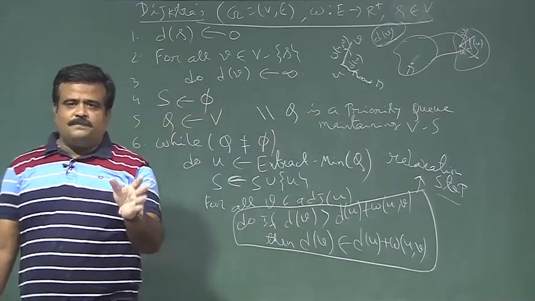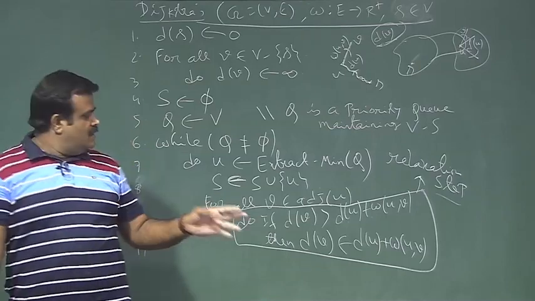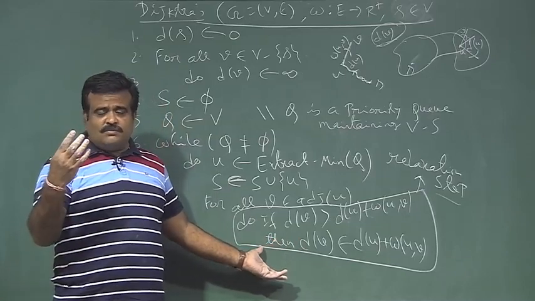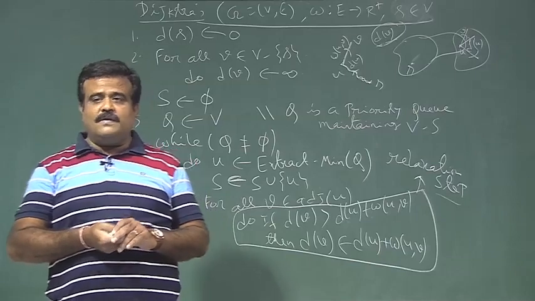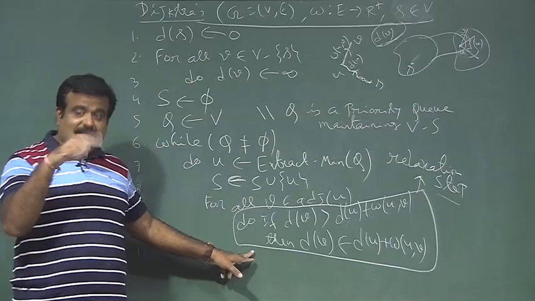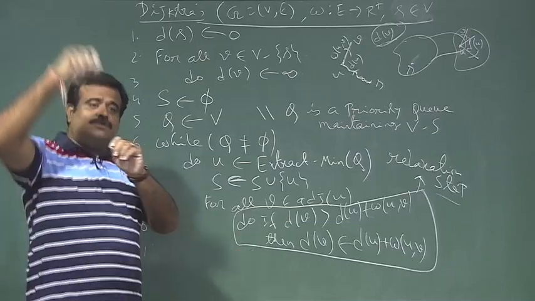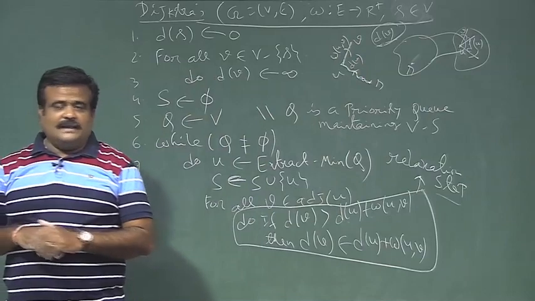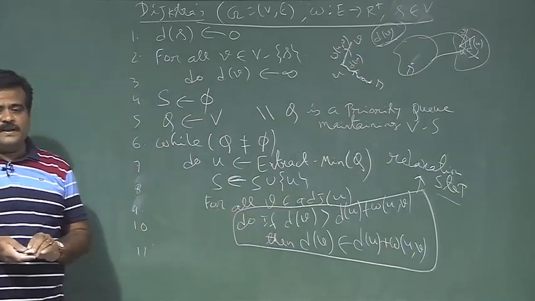If the weight of this path is better than the weight we already have, then we must relax this edge and take the new path. That is called relaxation. We are relaxing the edge because we got a new path from S to this vertex V. That is the idea, and we do this for all the adjacent vertices of U. Okay.